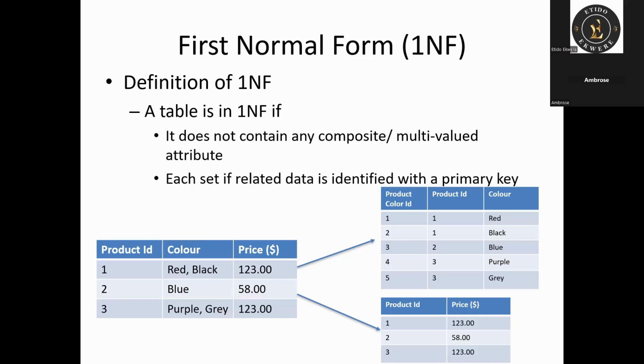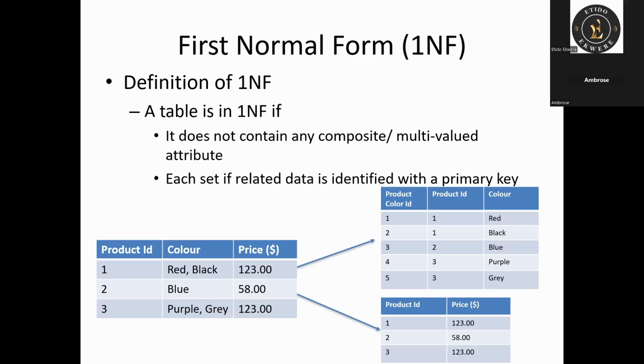But the condition to be in the first normal form is that you should eliminate all opportunities for composite or multi-valued attributes. If you look at this table to our left, you will see that we have the columns product ID, color, and price. For the color, we have product ID 1 existing in black and in red, and item number 3 existing in purple and in gray.